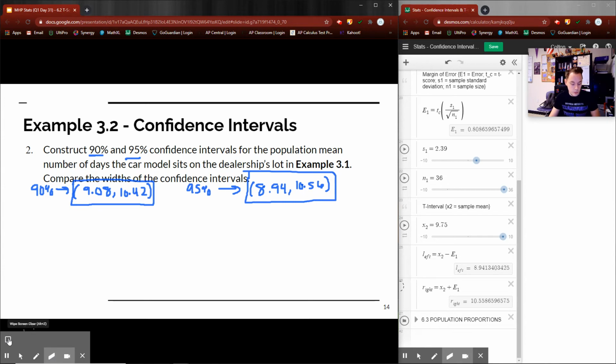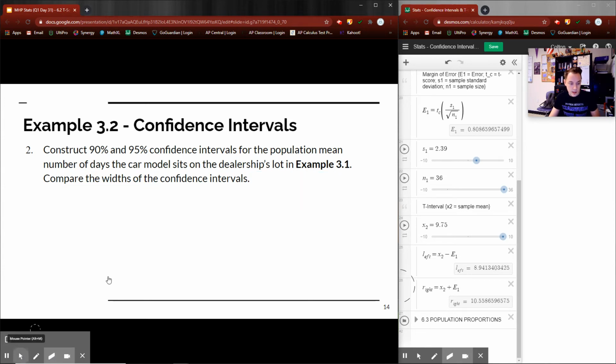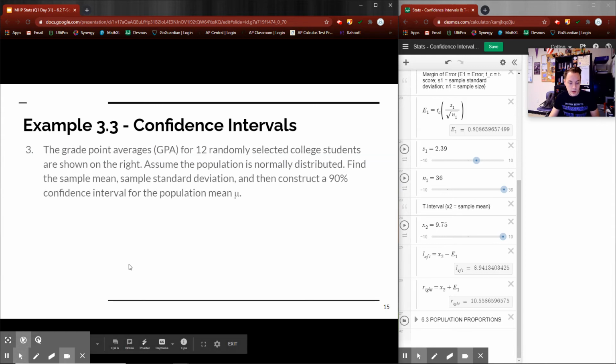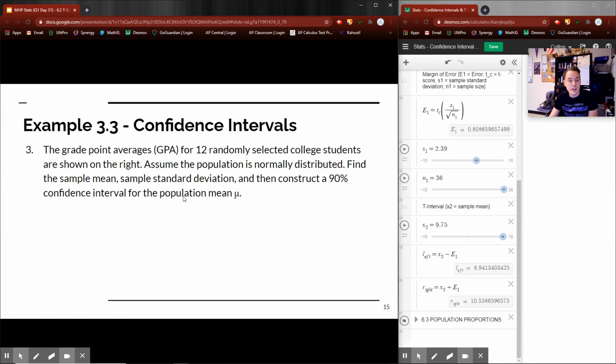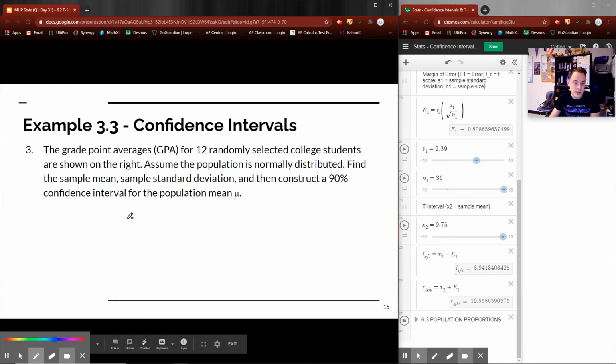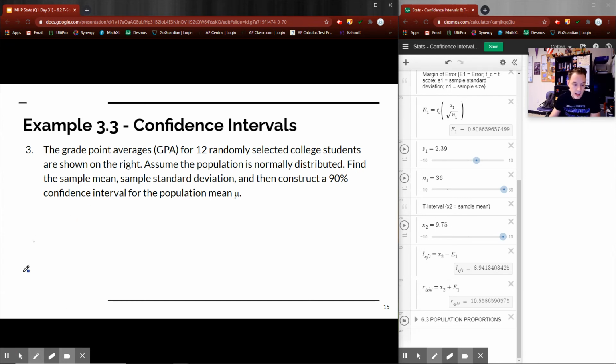Let's erase this and move on to a couple more examples here, and then we'll almost be done. The grade point averages (GPA) for 12 randomly selected college students are shown below.